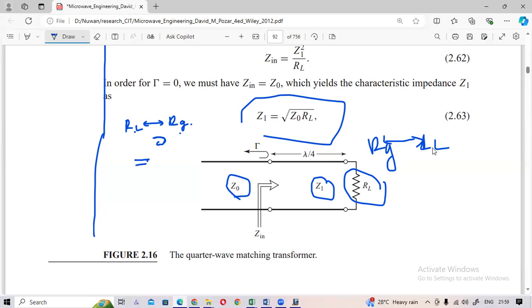You can directly connect them without a transformer. Here RG and RL are not equal, so there is a reflection, and you have to consider a matching circuit. That matching circuit is the quarter wave transformer.